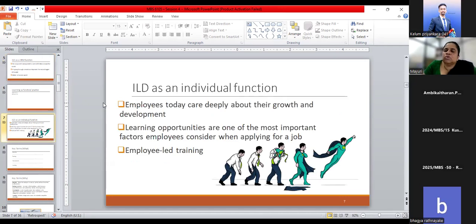Then, when you look at learning and development from the individual perspective, at the beginning, the responsibility of training was entirely with the organization. The organization is responsible for providing the necessary training, right? But in the 1950s, this changed and it became a dual responsibility.